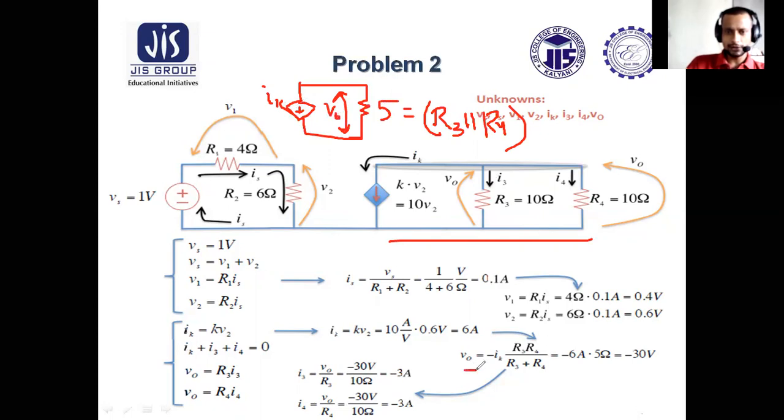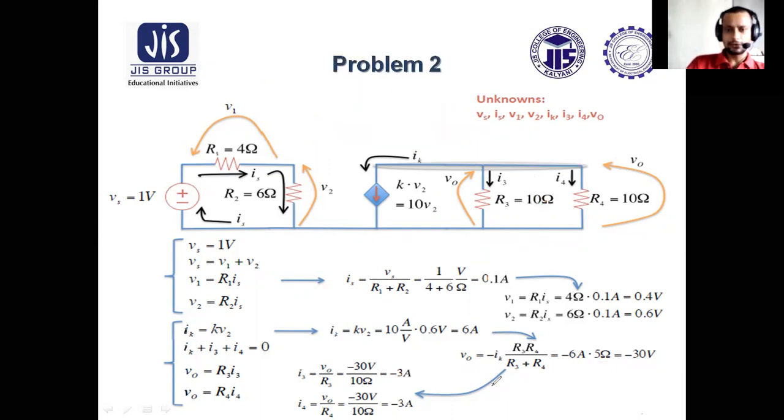So V0 can be calculated as 5 ohm into IK. IK is 6. Now, as we have mentioned I3 and I4 in downward direction, but here IK is in upward direction. So V0 should be minus 30. There should be a minus sign. Okay. So V0 is found.